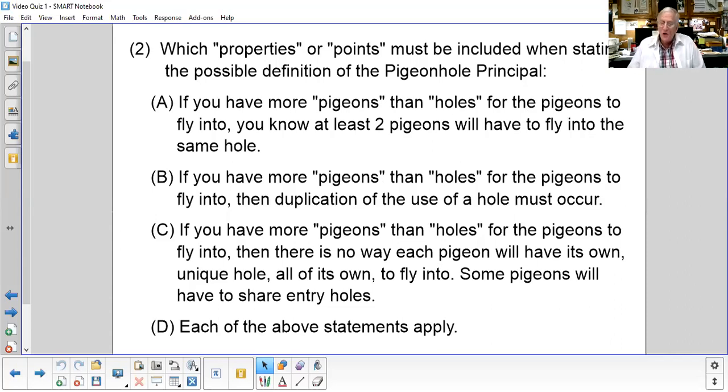Some pigeons will have to share entry holes. Or is the answer D, each of the above statements apply to the pigeonhole principle? So jot down your choice, okay? And let's move to the next question.